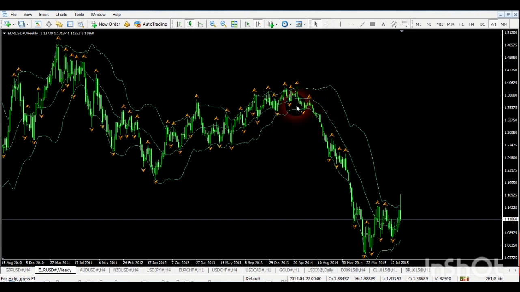These two bottom lines, because it was a downtrend, are going downwards, but the line above it is a little upwards.